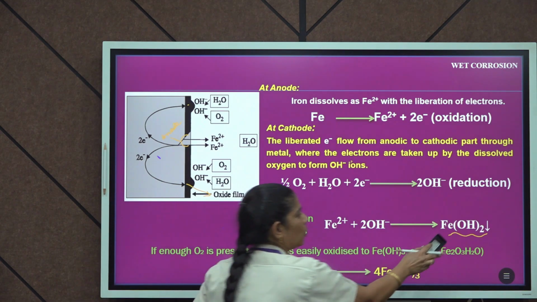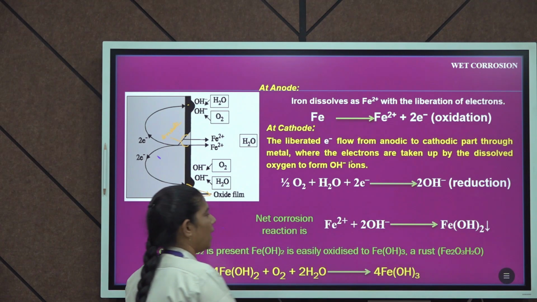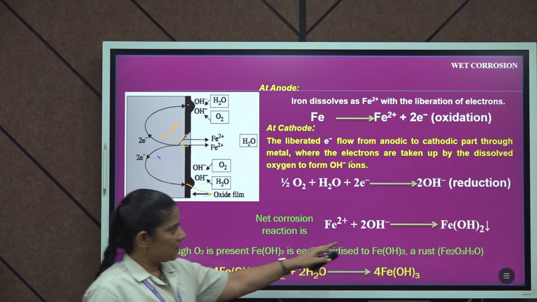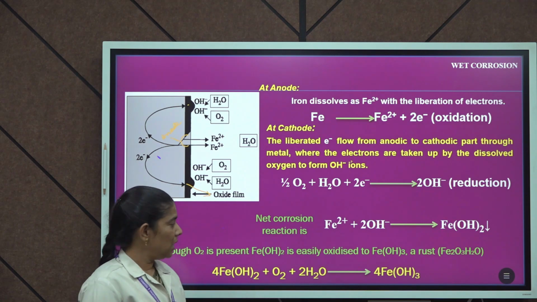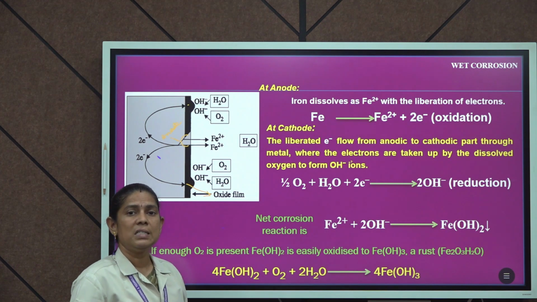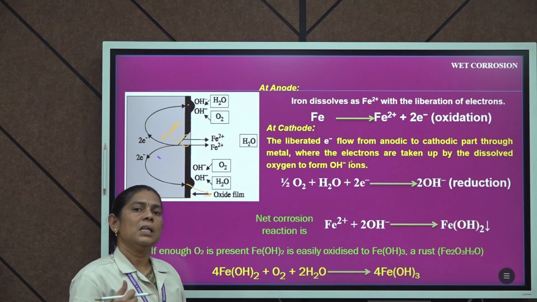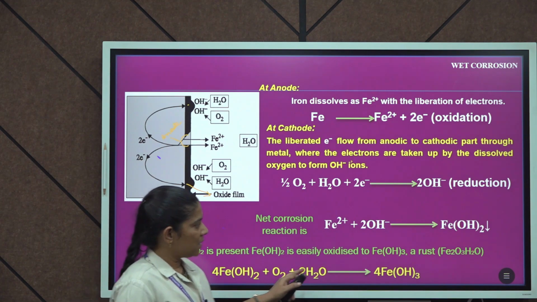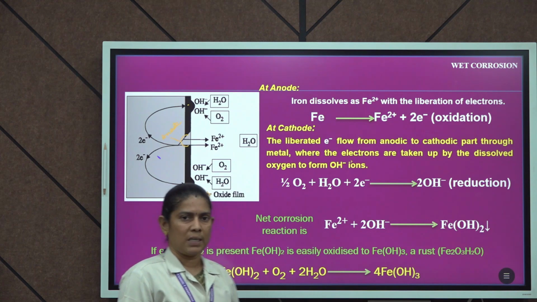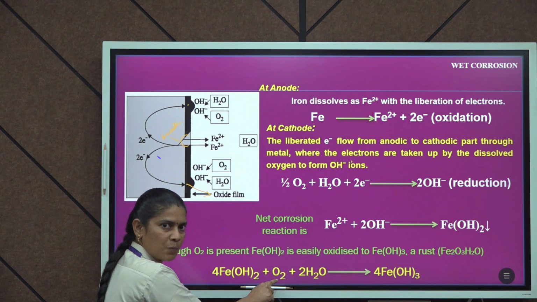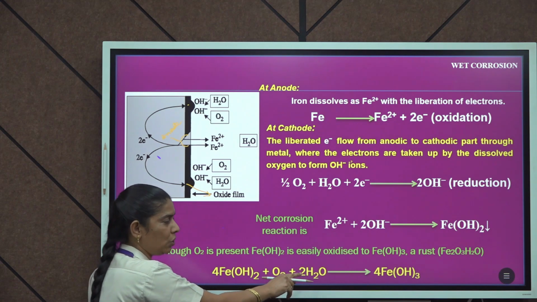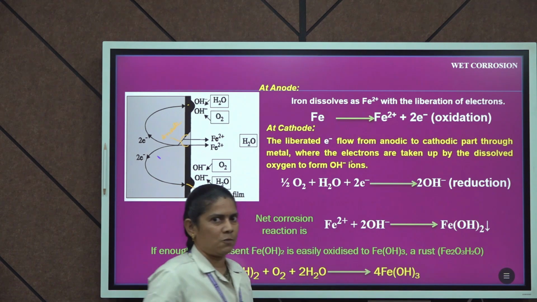So, this is the corrosion product and this is not the single step. If enough oxygen is present in the environment, this ferrous hydroxide is easily oxidized and continues the corrosion. Yes, it forms ferric hydroxide. Look at the reaction: if enough oxygen is present in the environment, and there is already moisture, it converts into rust.